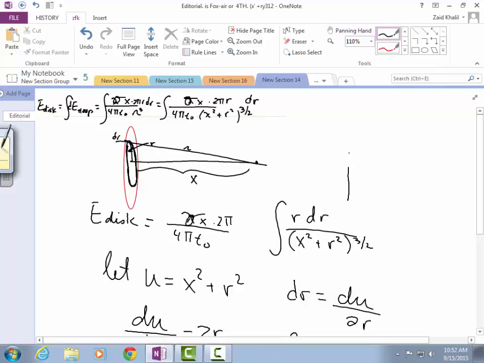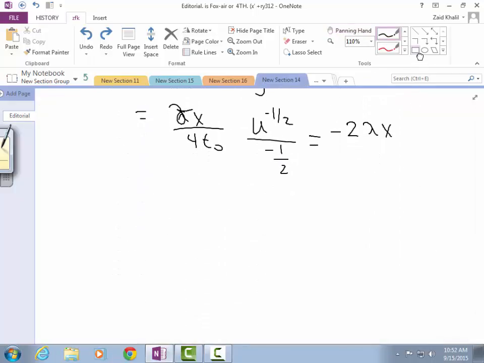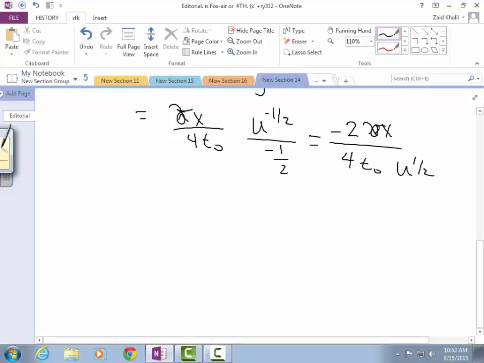So what is the final? We're almost there. All right, so now, therefore we get minus 2 sigma x, and then we have a 4 epsilon naught in the bottom, and then a u to the 1/2. But let's see what this is. This is equal to minus 2 sigma x over 4 epsilon 0 times the square root of u.